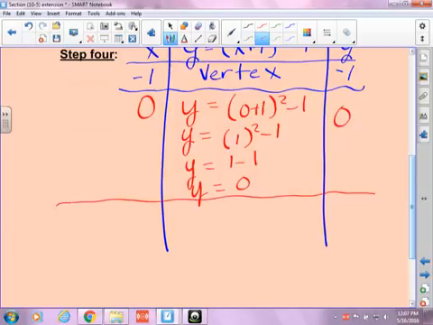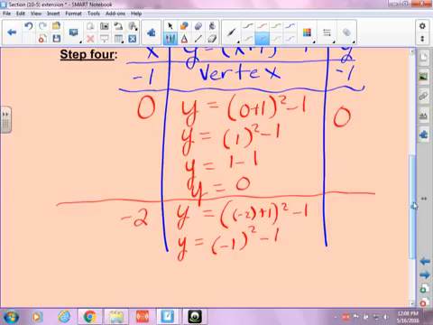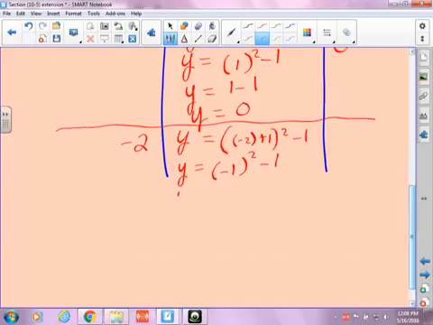Okay, what's 1 smaller? What do we get? Negative 1 squared is 1.